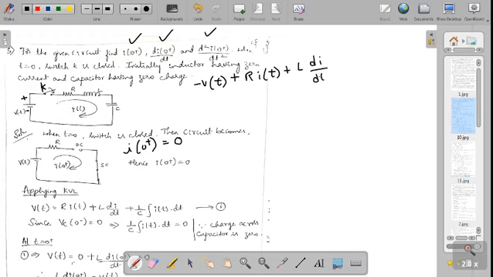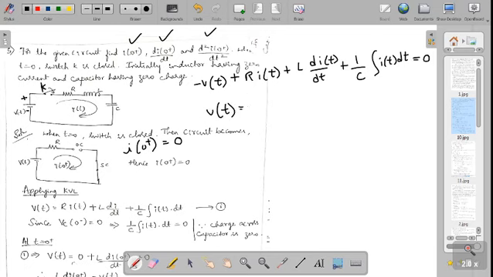So let us consider this as, what is the voltage across the capacitor? It would be 1 by C integration of I of t into dt. Okay, we take this equals 0. We take this voltage to the other end. So what it would be?